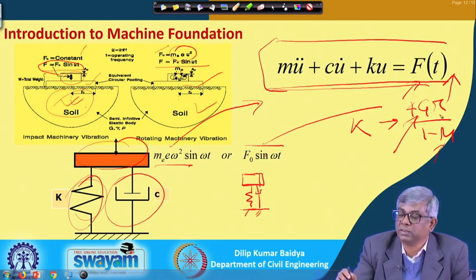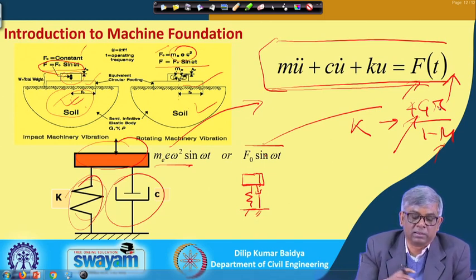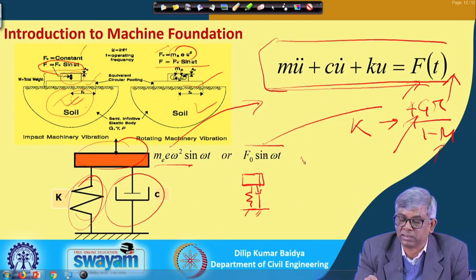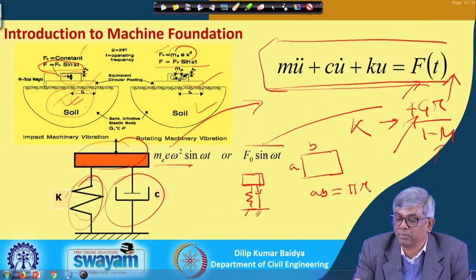But here we are mentioning only R, the radius of a circular foundation. That means this theory cannot be applied if the foundation shape is rectangular or square. It is not so, actually it can be applied. How? If the contact area of the foundation is rectangular, suppose this side is A and this is B, then the area is AB, and we can find the equivalent area by equating.